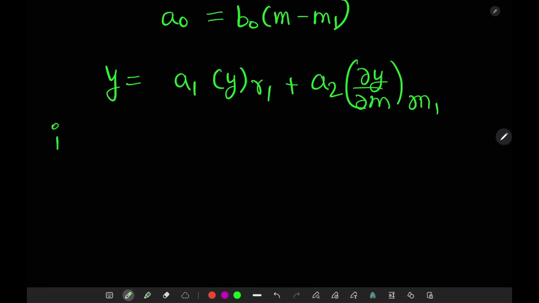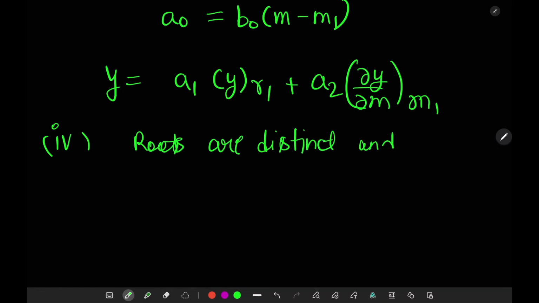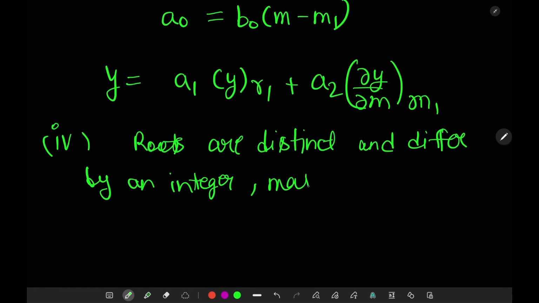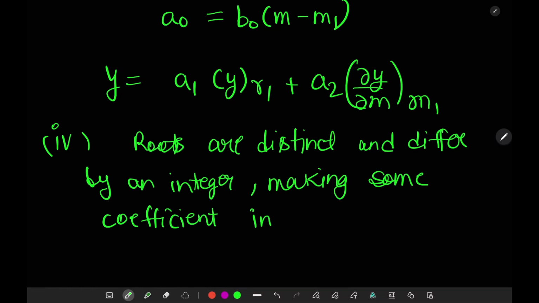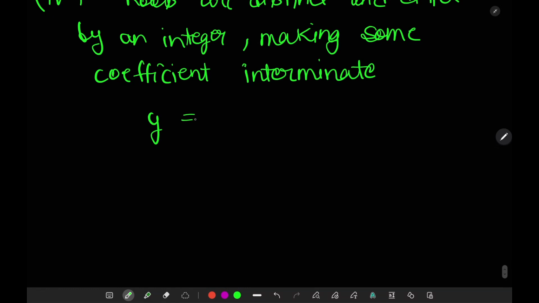Case 4, roots are distinct and differ by an integer and making some coefficient indeterminate, then the solution becomes y is equal to a1 y m1 plus a2 y m2.